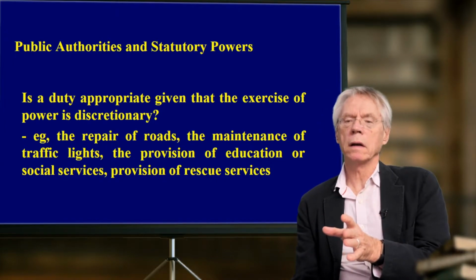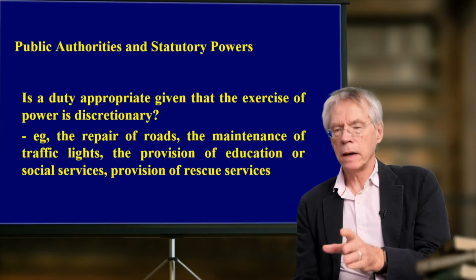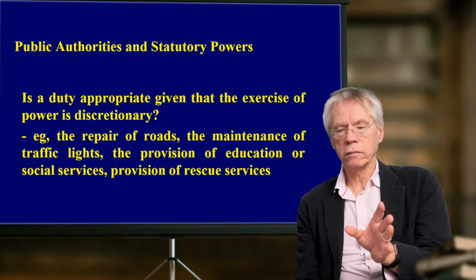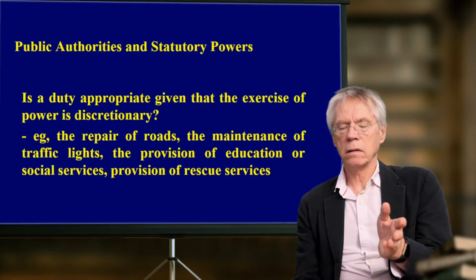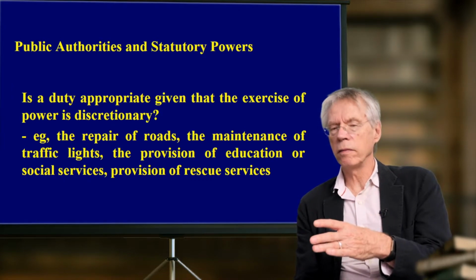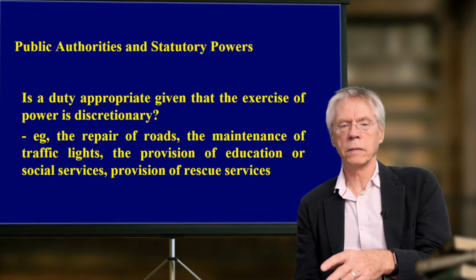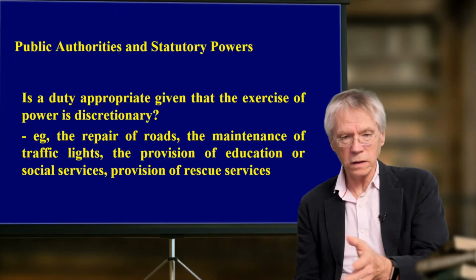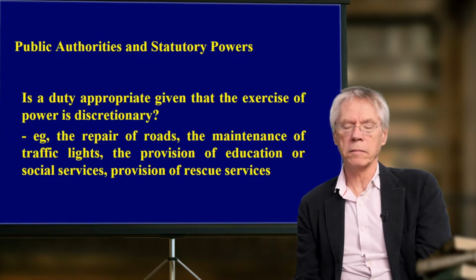These are decisions that government officials make, taking into account a wide range of considerations. And the issue that the courts have difficulty with is intervening or imposing a duty on government when those kinds of discretionary decisions are being made by government officials.